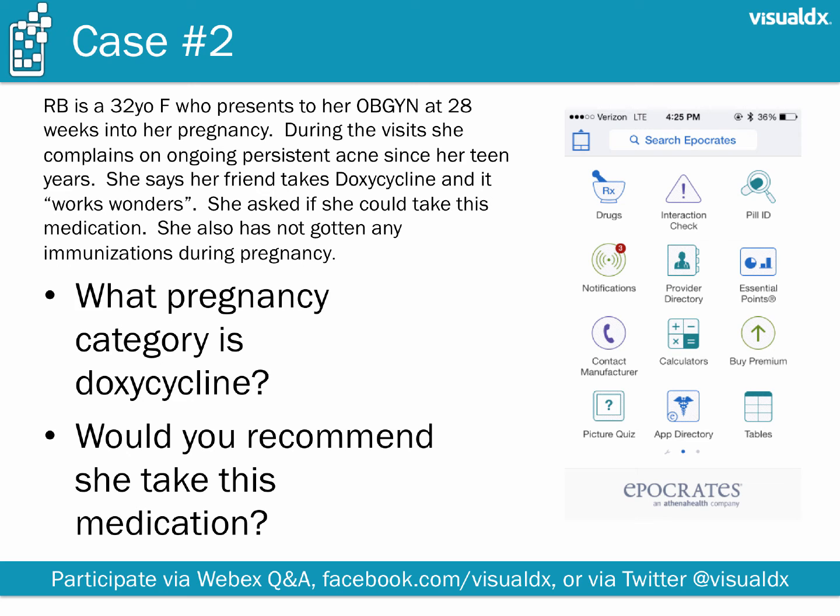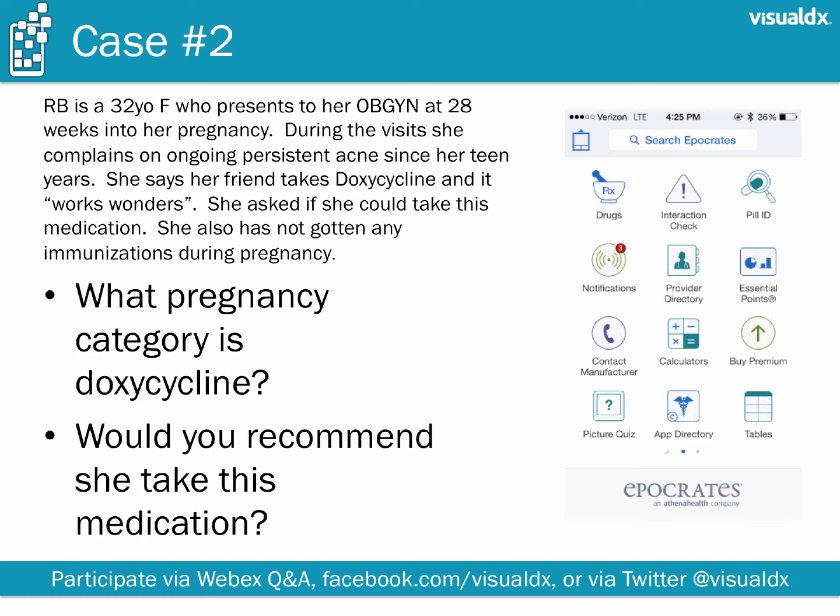Case 2 is RV, who's a 32-year-old female who is presenting to her OBGYN at 28 weeks of pregnancy. During her visit, she actually complains that she's been having ongoing, pretty persistent acne since she was a teenager. She has a friend who takes doxycycline and reports that it works wonders for her.